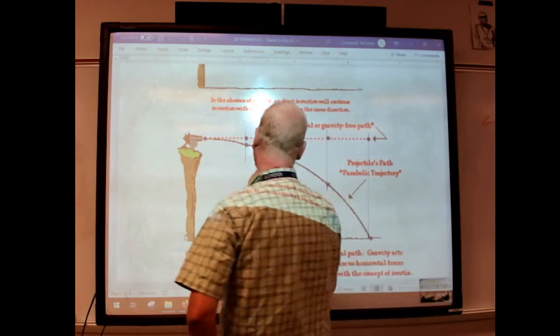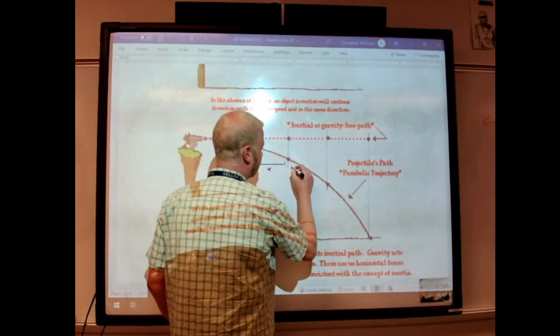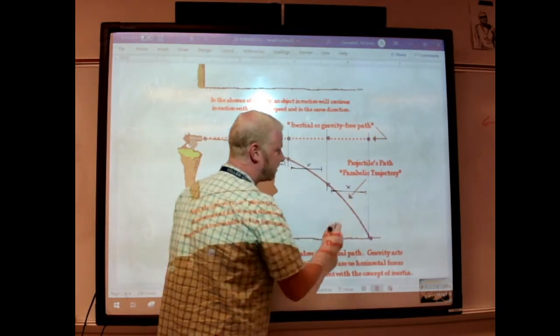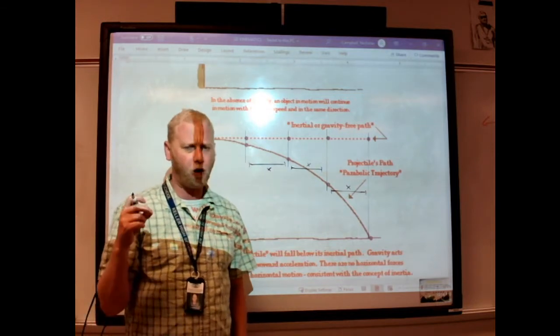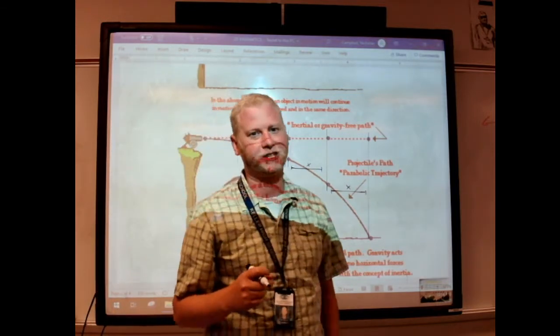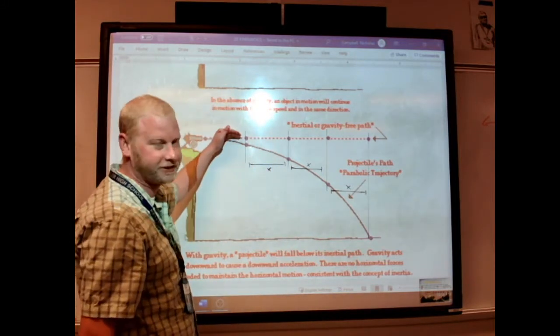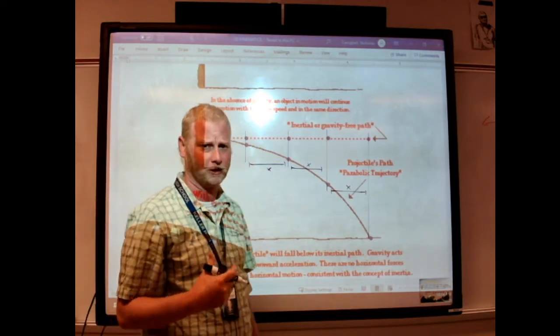Well, horizontally speaking, there is no difference in the motion whether gravity is turned on or off. So if we're only analyzing the horizontal motion of this cannonball fired off the cliff, there is no difference whether gravity is on or off.